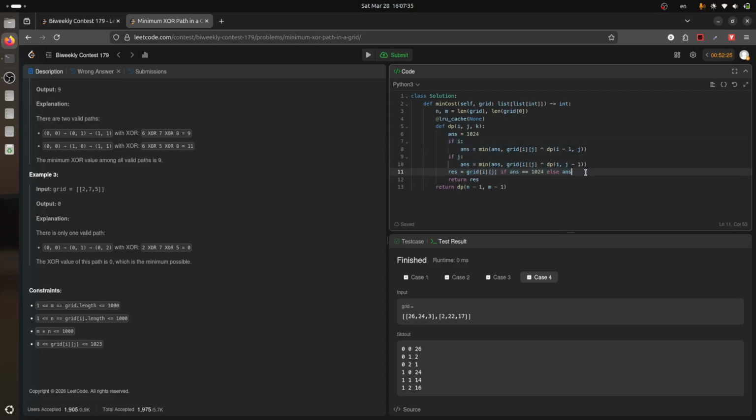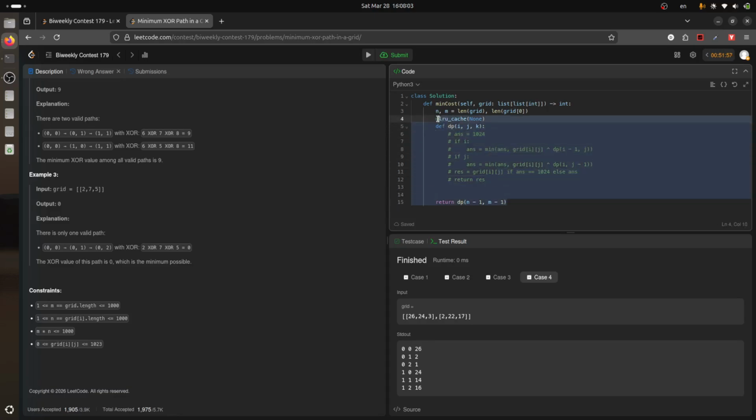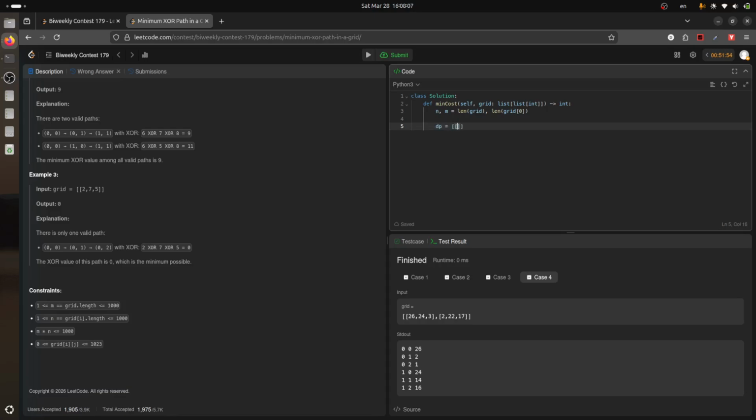So basically what I try is this. Here I'm gonna do a DP table. 0, wait, so that's 0 for k in range K. Let K be 1024, right?